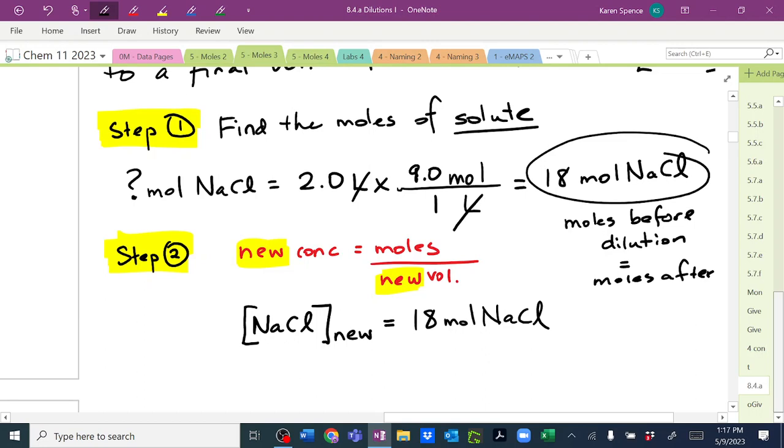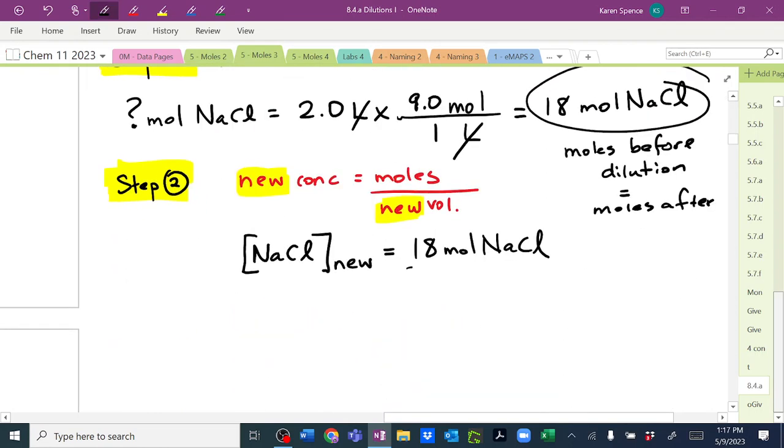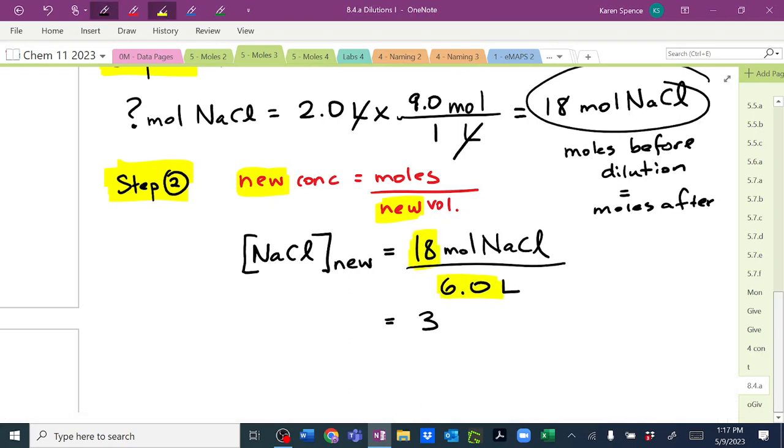But my new volume, what is my new volume? 6 liters. So this is over 6.0 liters. 18 divided by 6 is 3. But I need to have, whoa, that's no good. I need to have how many sig figs? 2 sig figs because there's 2 and 2. So that's going to be 3.0.